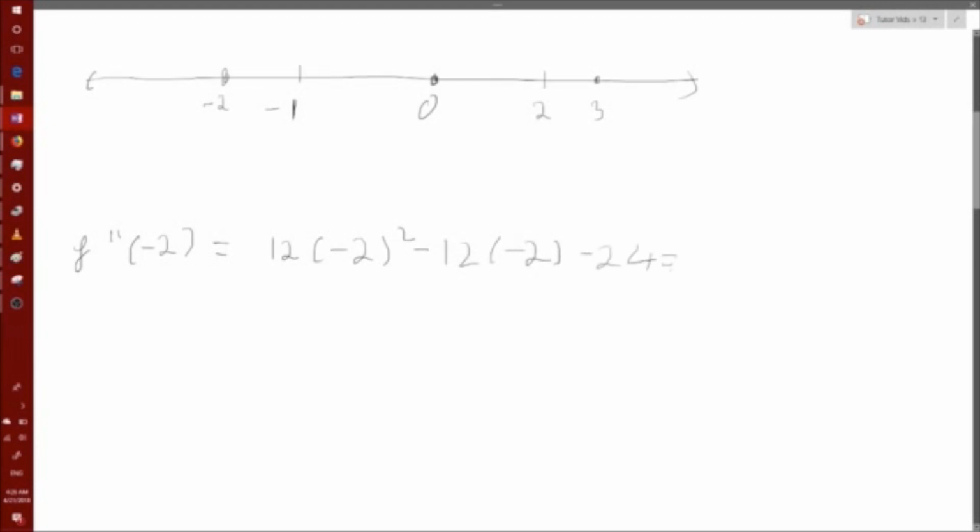So this is equal to 48, which is more than 0. So that means that this interval is positive.